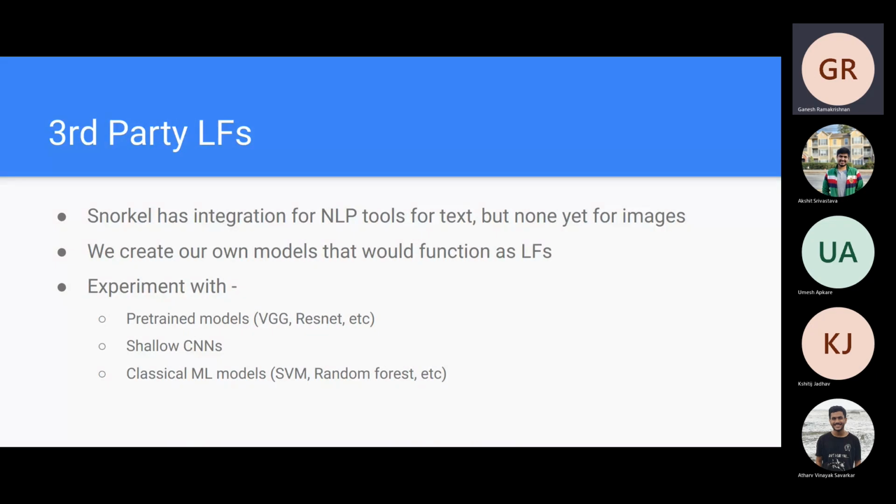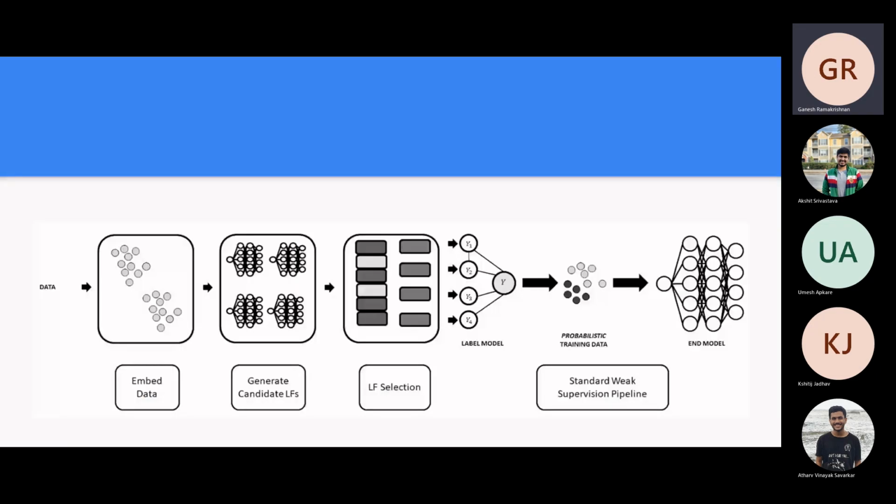So what is your question? Still not clear. If you have used Spear, we create our own models that will function as LFs. Experiment with pre-trained models, shallow ones. So the question is: we need multiple labeling functions for aggregation with Spear later on.